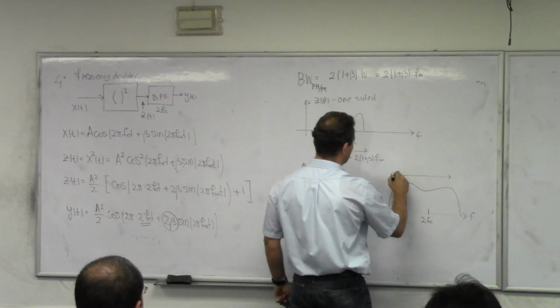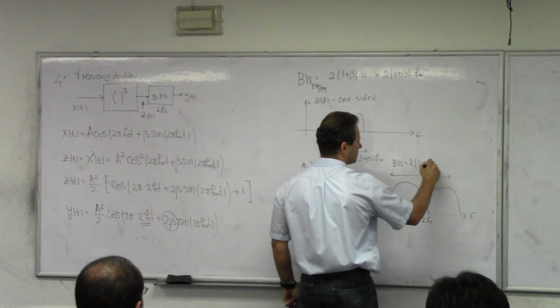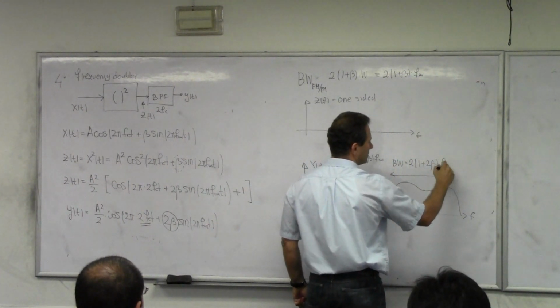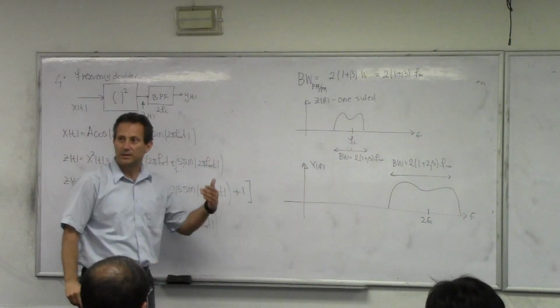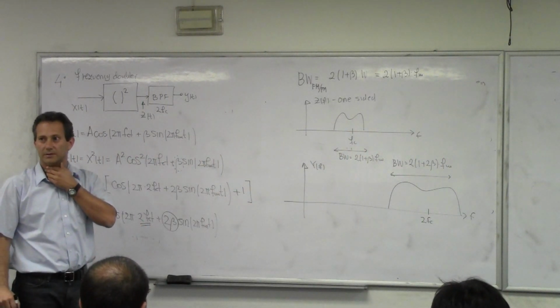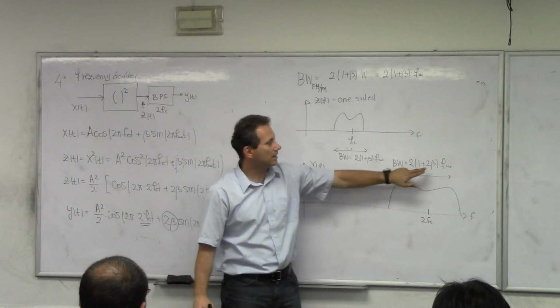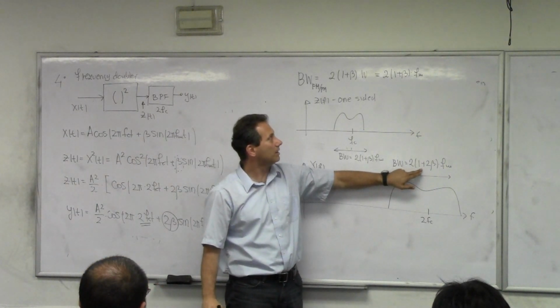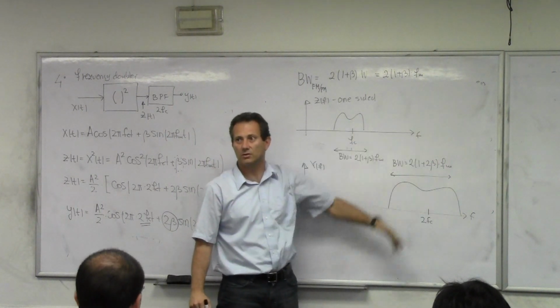The bandwidth here is going to be 2 times 1 plus 2 beta times Fm. Not exactly double, but close to double, right? If you assume that beta is larger than 1, then this is twice this, but it's not necessarily.